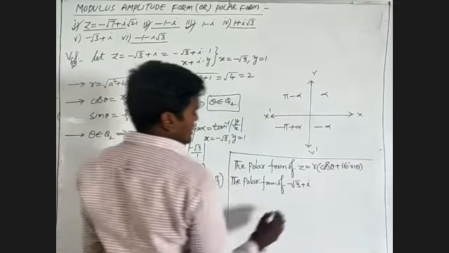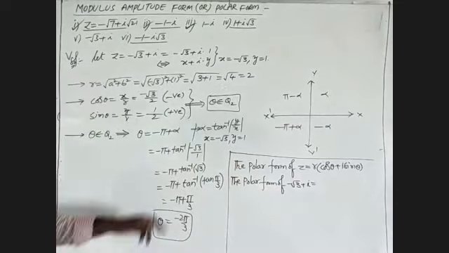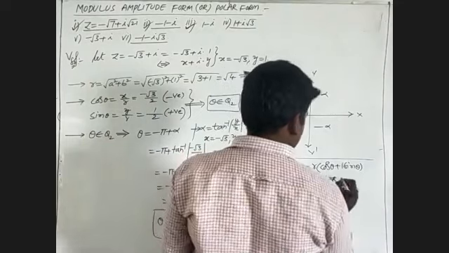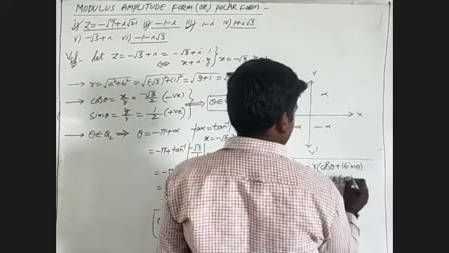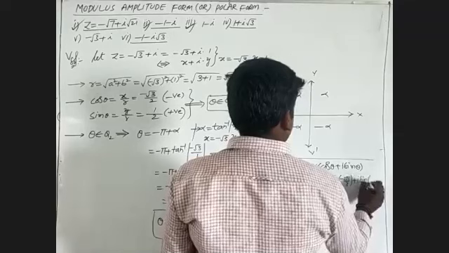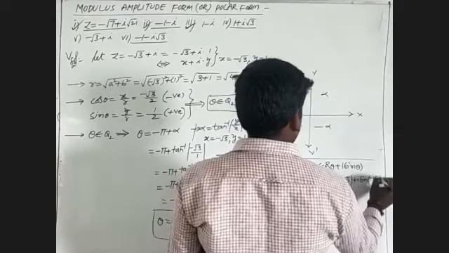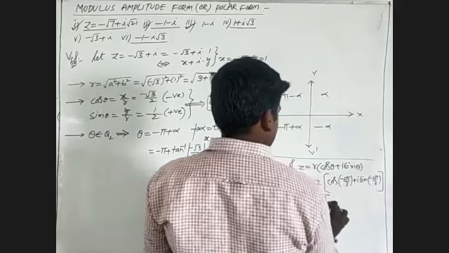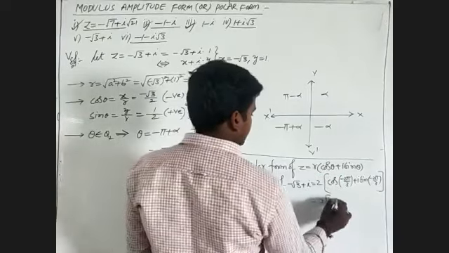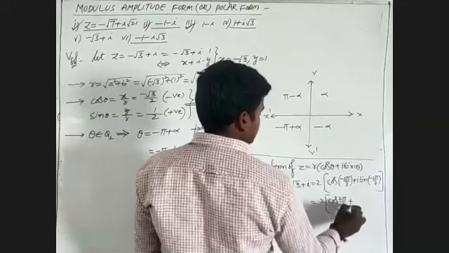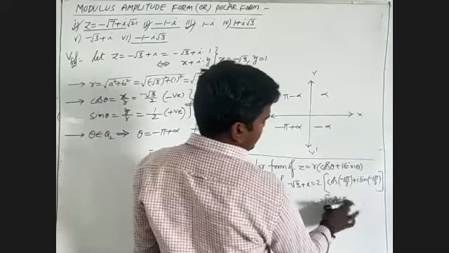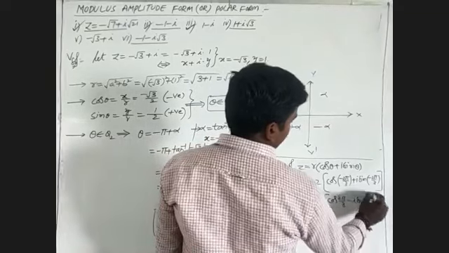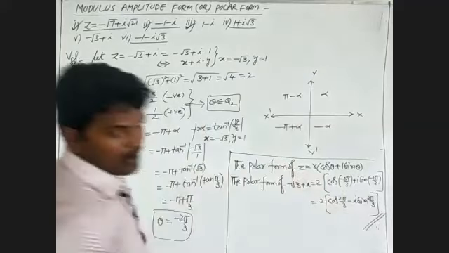Here r value is nothing but 2 into cos theta, which is minus 2 pi by 3, plus i sin theta, which is minus 2 pi by 3, we will write. That means 2 into cos of minus theta, which is nothing but cos theta, cos 2 pi by 3, plus sin of minus theta, which is minus sin theta, minus i into sin 2 pi by 3, we will write. This is the given polar form of the complex number.